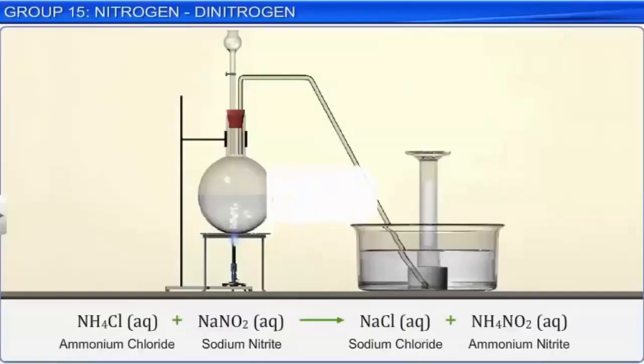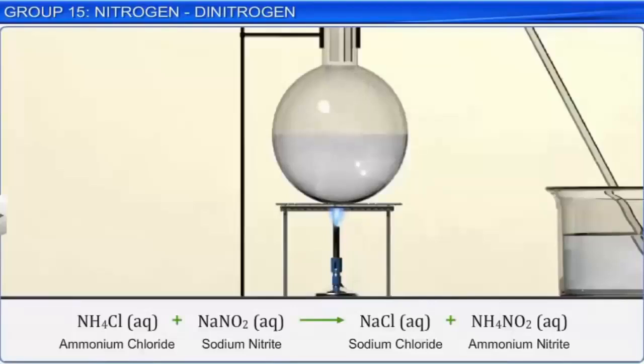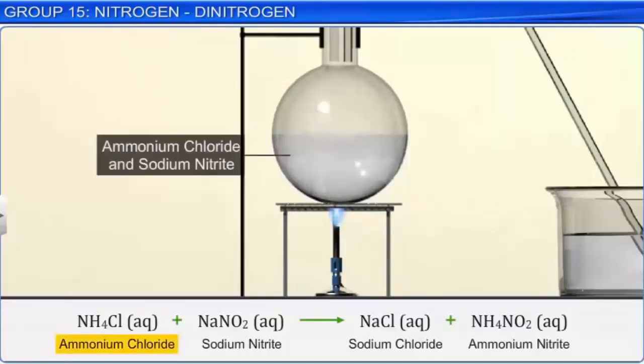In the laboratory, dinitrogen is generally prepared by gently heating equimolar aqueous solutions of ammonium chloride and sodium nitrite. Ammonium chloride and sodium nitrite react to form ammonium nitrite, initially as shown in the equation here.